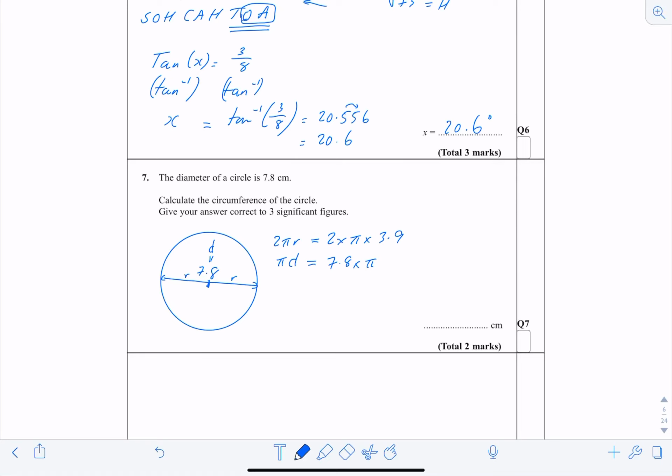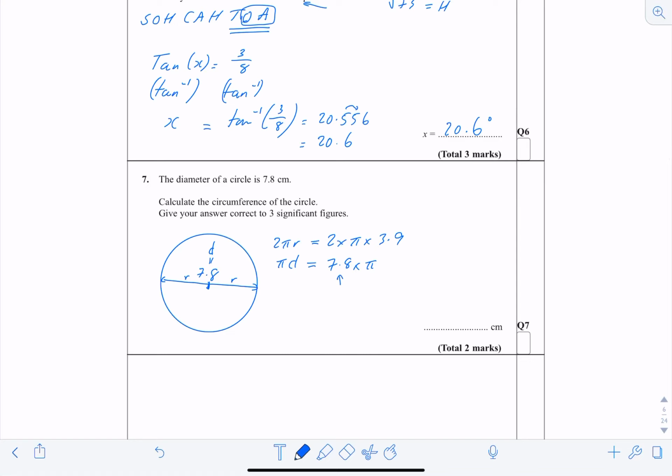But you can see that that's actually exactly the same as that because 2 times 3.9 is 7.8. So both of them equal 7.8 pi, which is 24.504. Okay. Now it also says give your answer to 3 significant figures.